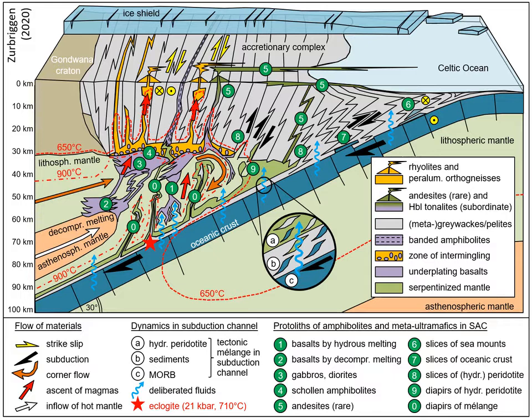This is the most complicated scheme I have drawn, and I published it in the paper of 2020. It shows a cross-section through a cratonizing subduction-accretion complex in the early Paleozoic at the periphery of Gondwana, like for example during the Cenerian Orogeny.